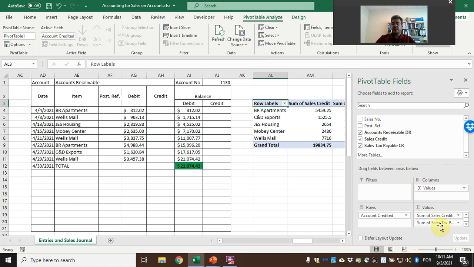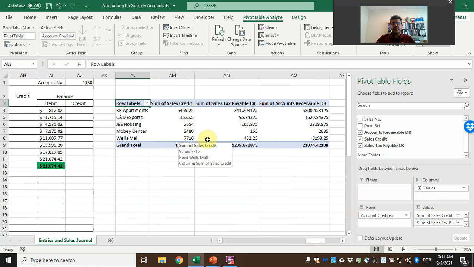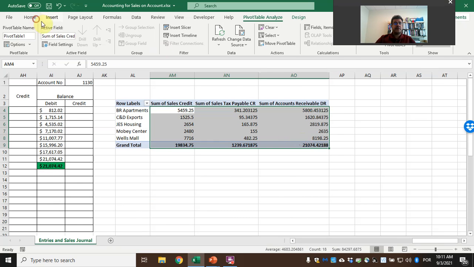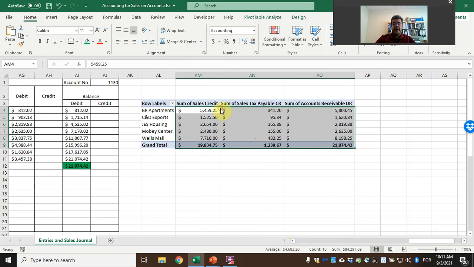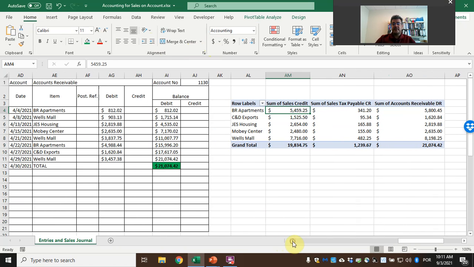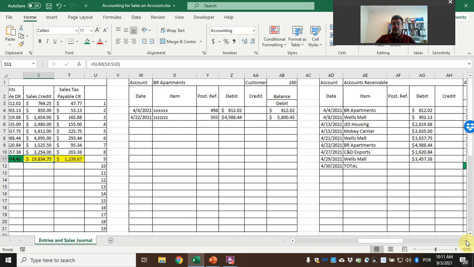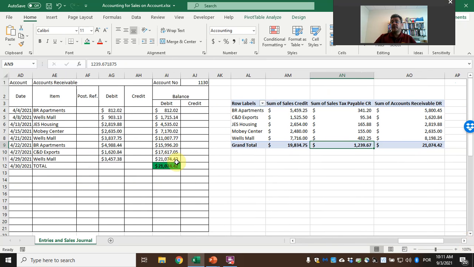Our accounts receivable. So here we have our sales tax, accounts receivable. They are not in currency format. Select them, currency, and then sales, 19,834, 1,239 sales tax. We combine both, we have our sum of accounts receivable, our debits.